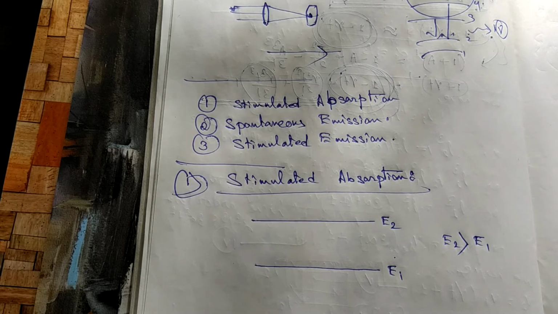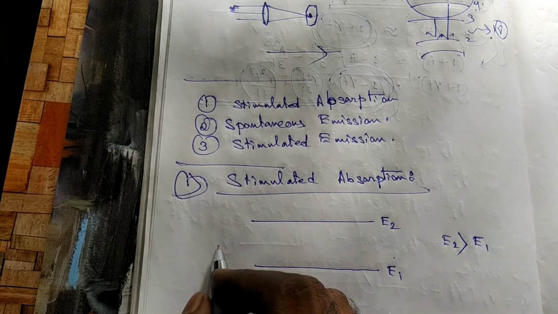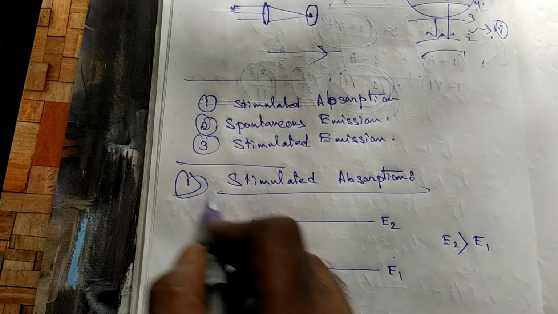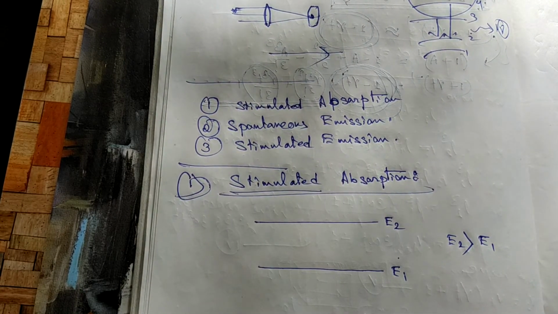Now, stimulated absorption. Stimulated means you put energy in from the outside. That means it does not happen by the atom or the electron itself. When you put some energy in from the outside, then the electron gets excited.